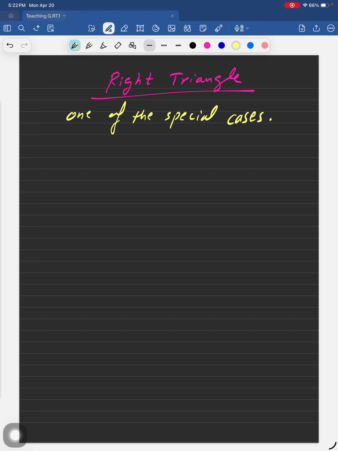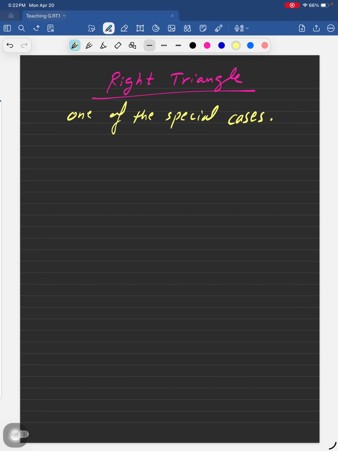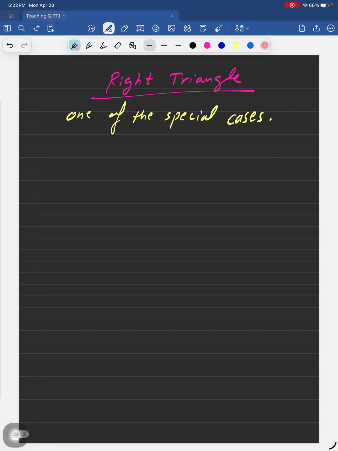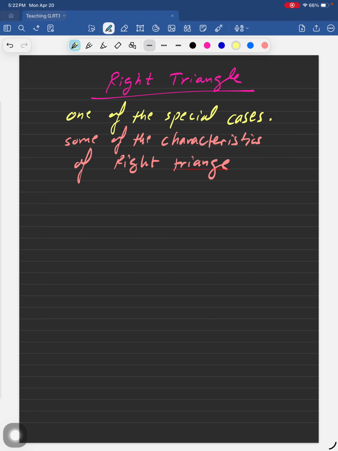And before we keep going with this, let's discuss some of the characteristics of right triangle. And this will be as follows.